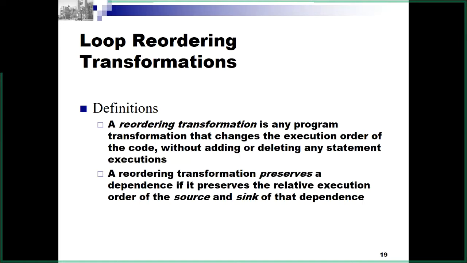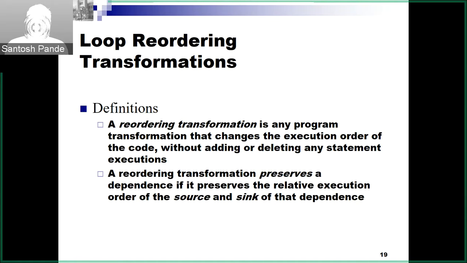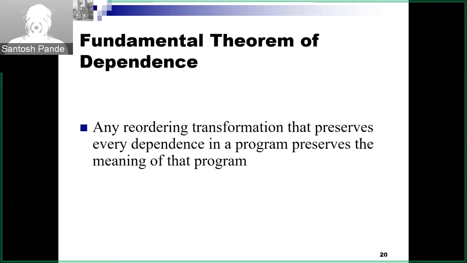So the key is that a reordering transformation preserves the dependence if it preserves the relative execution of the source and sink of that dependence. That is the key. If we change it, as I have been mentioning, then obviously it will be wrong. And if we preserve the dependence order, then we preserve the original semantics of the program.